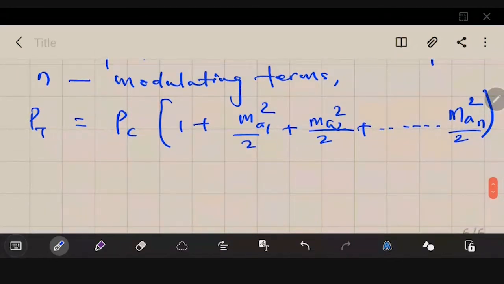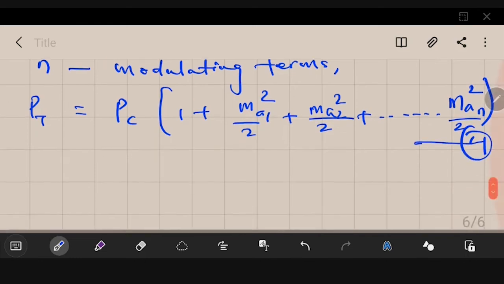Since there are multiple modulation indices, there will be a need to find out a single modulation index or a net modulation index. So we could always find it out. So let it be equation number 4. Let us find the net modulation index. Let me write it here: total, or you could say net modulation index.